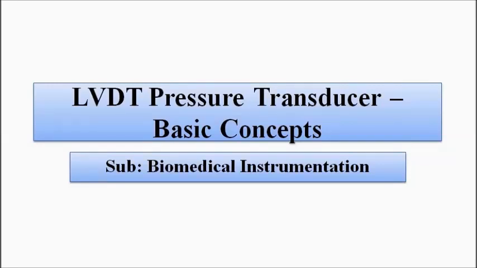So we'll continue our discussion related to biomedical instrumentation, and we'll continue with pressure transducers, which are used for measurement of body pressure in various body parts according to the requirement. So far we have discussed various methods of measurement of pressure in biomedical instrumentation using various transduction techniques.